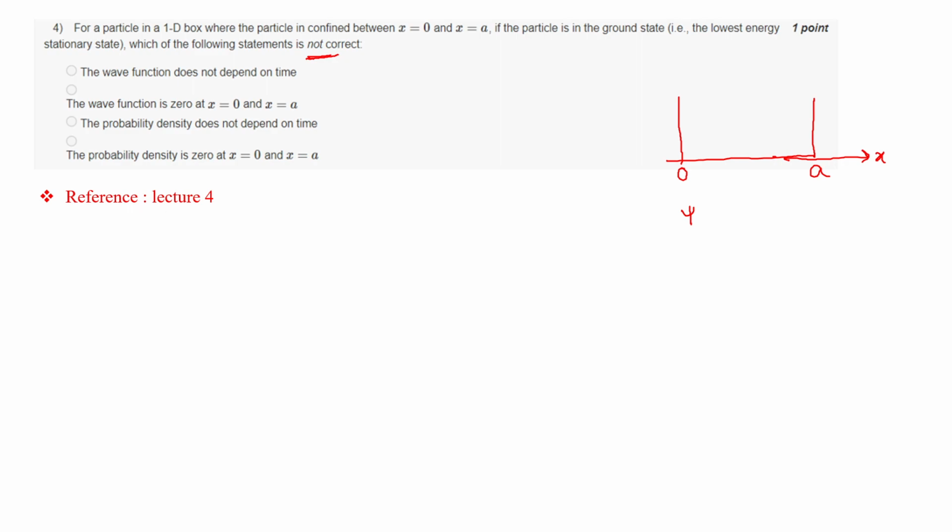You can see in this wave function there is a part which involves time. So the wave function depends upon time.